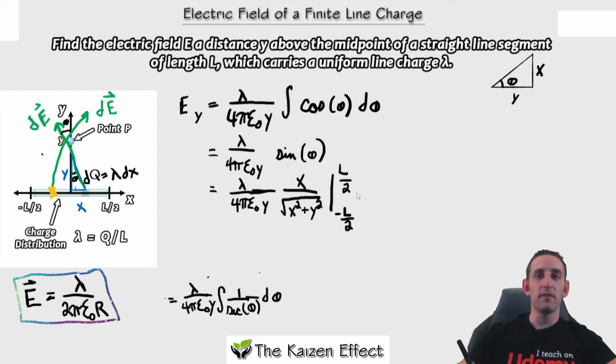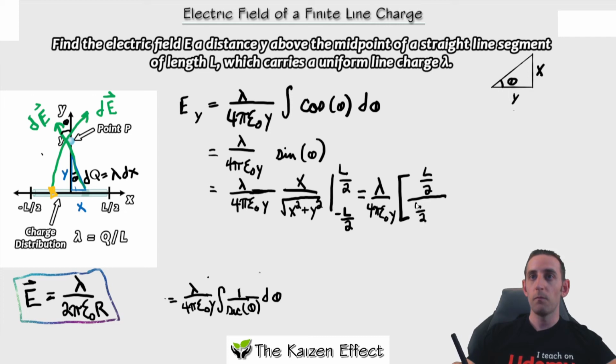And when we actually put this in, the result we get is as follows. We take out our constants, lambda over 4 pi epsilon naught y. So we're going to get an L over 2 over the square root of L over 2 squared plus y squared.